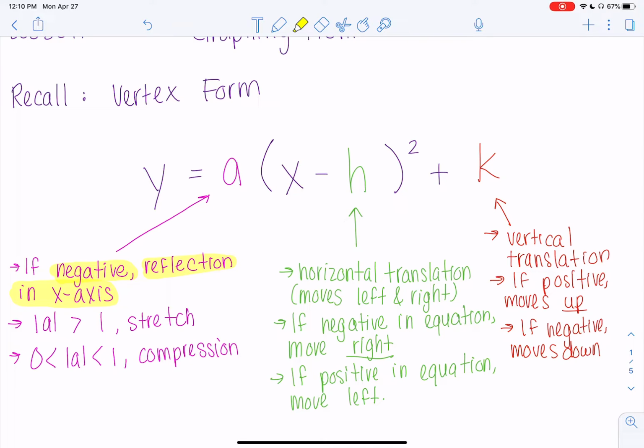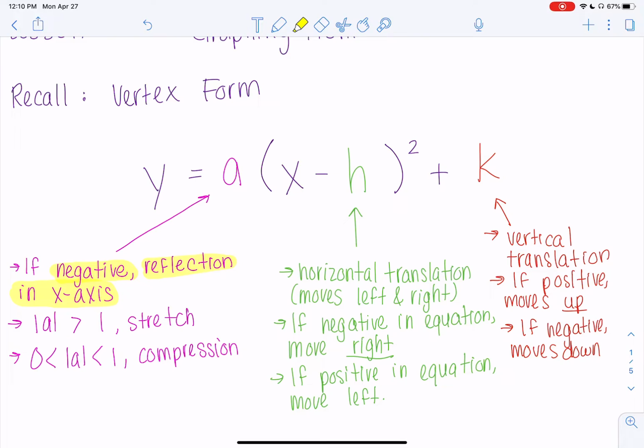Secondly, our a is also responsible for our stretches and compressions. If we're going to change the actual shape of our parabola, we will have an a value. When we're looking for our stretch or compression, we are looking to see if the number in front of our equation is greater than 1.